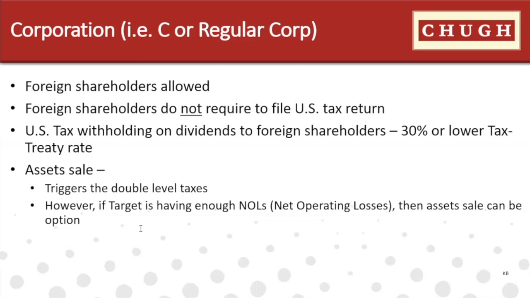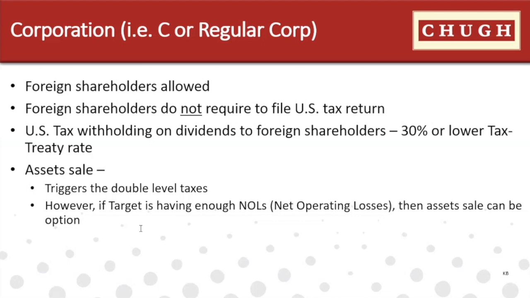Many times businesses are looking at a sale of assets or a reorganization, like a merger and acquisition or sale transaction. A corporation can sell the assets, but when a corporation sells assets, it triggers double-level tax.